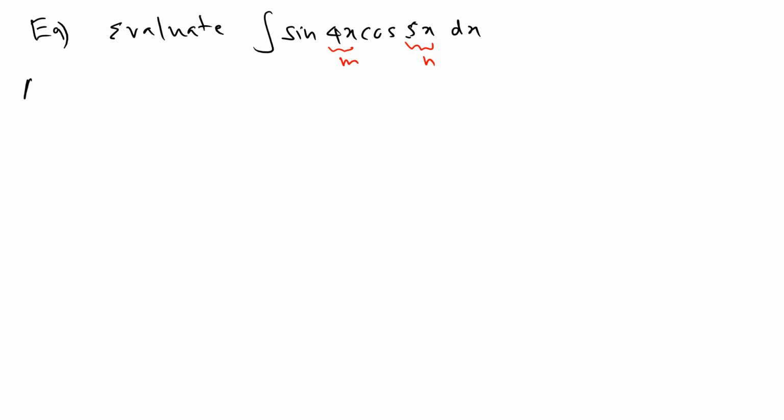So the example: evaluate the integral of sine 4x cosine 5x dx. Now you can see this is m, that is n, so you just need to plug into the first formula. This is a simple problem if you remember the formula. So sine 4x cosine 5x dx equals the integral of half.